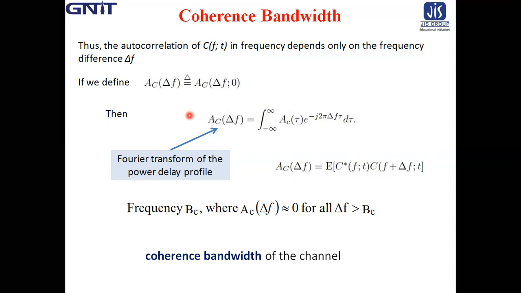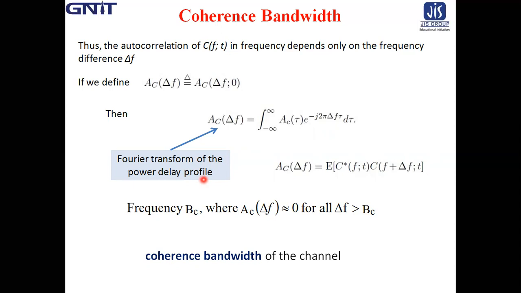Now, if we define A_C(delta f) equal to A_C(delta f, 0), then A_C(delta f) equals the integral from minus infinity to plus infinity of A_c(tau) e to the power minus j 2 pi delta f tau d tau. So A_C(delta f) is basically the Fourier transform of the power delay profile.